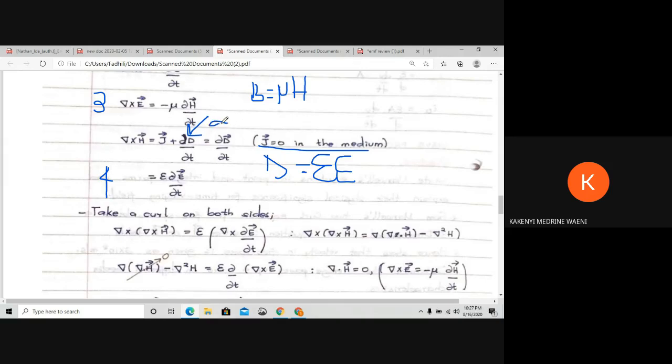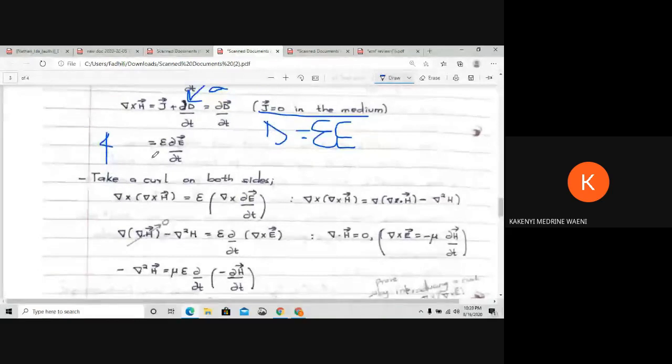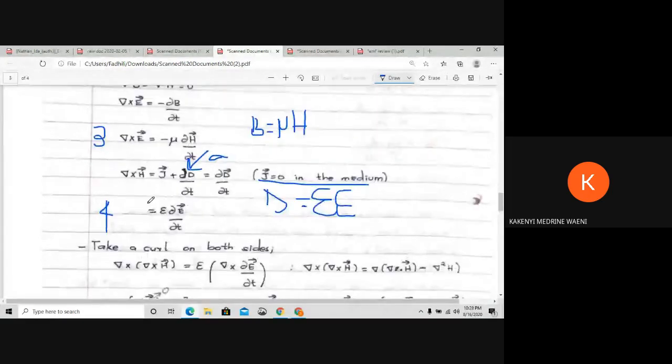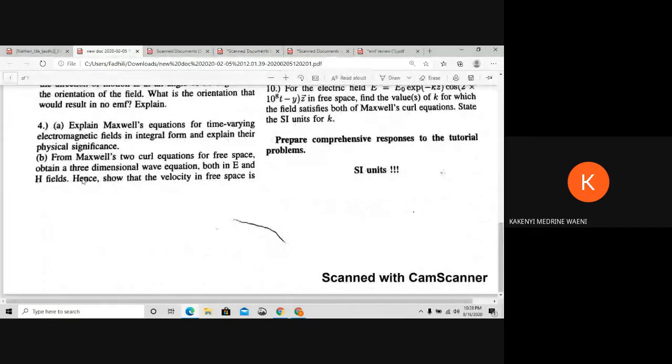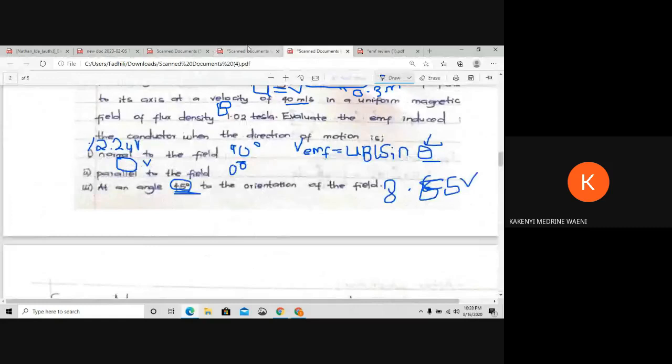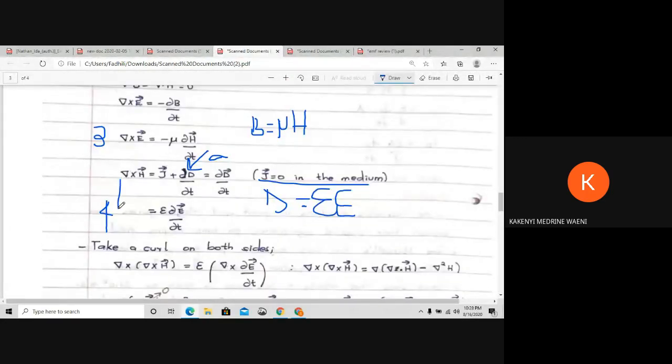Yes, this displacement current density. So we're going to take a curl on both sides. We'll start with getting H first. So we'll take a curl of H; the equation for H is this one, equation 4.